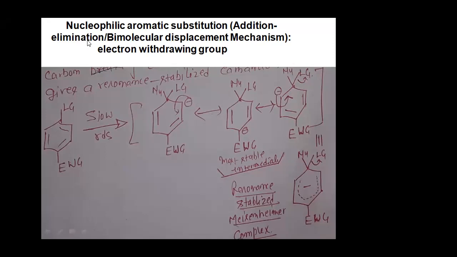So it means the para position is suitable for nucleophilic aromatic substitution, right? Not only the para position but also the ortho position is the best position for the electron withdrawing group.